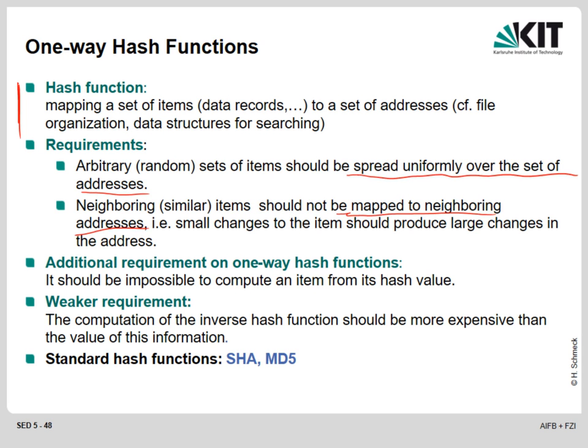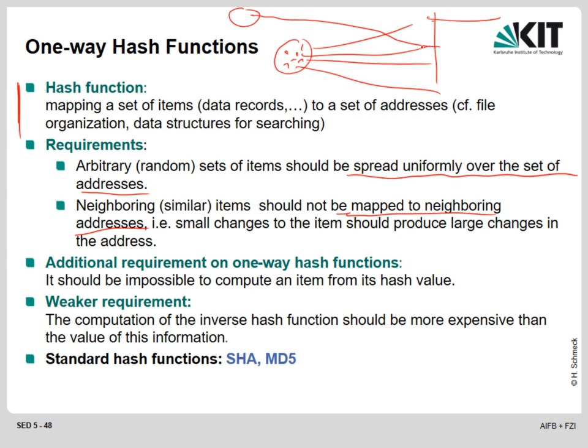As I said, if I have many neighboring items here, and this is my list of addresses, then they should all be moved to different places. It may be that you have other documents which are far away which get mapped to the same address, but this must be a completely different document. It must be very difficult to determine which documents lead to the same hash value.